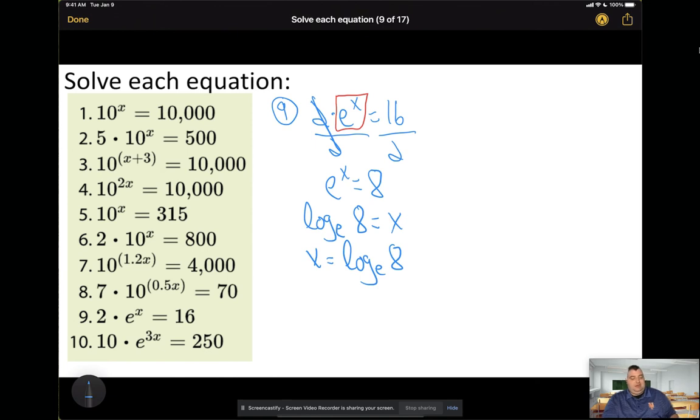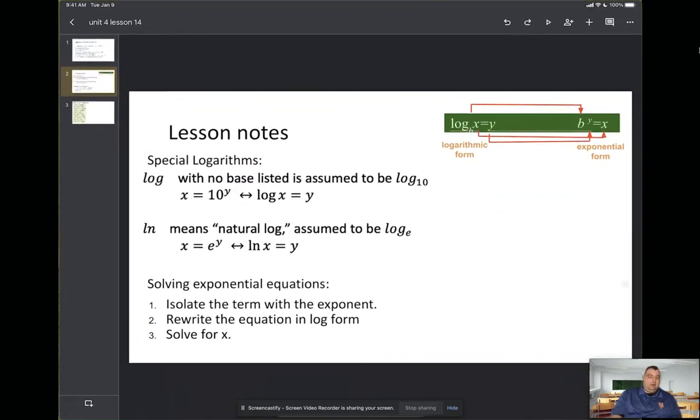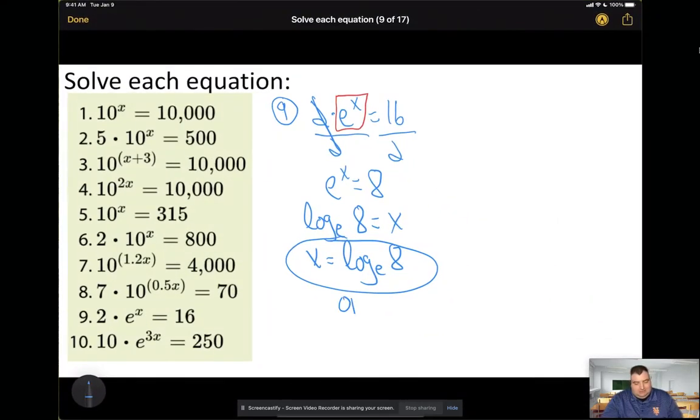This is definitely going to be a decimal, so I'm going to leave it in log form. So I'm just going to say x equals log base e of 8. Now, if we go back to our lesson notes, remember, one of our special logarithms, if we have log base e, we can use ln, or natural log. So I could technically write this answer as x equals ln 8.